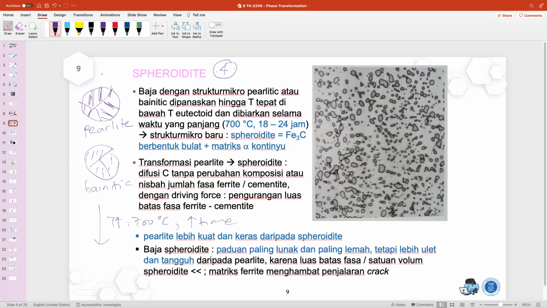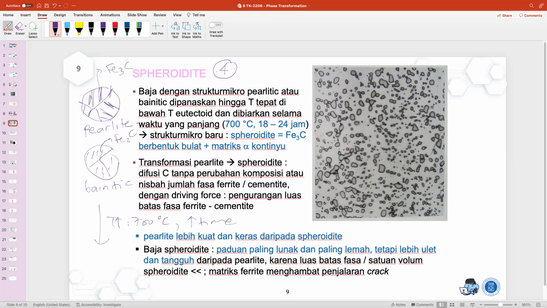Dia akan mengumpul. All the Fe3C, the cementite, will reduce its area and become spherical.